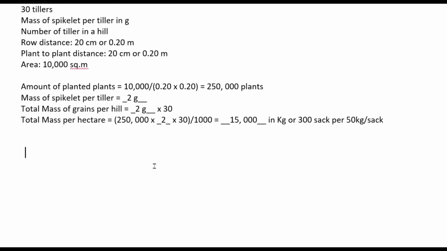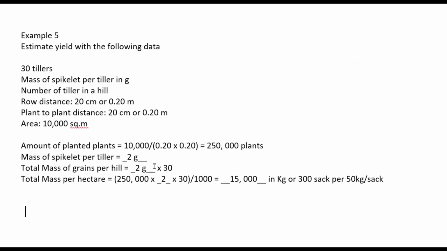So that's the reason why I really wanted to dig into understanding the yield and the associated tellers, because by knowing this, you can change certain parameters to achieve one's objective of 300 sack per hectare.